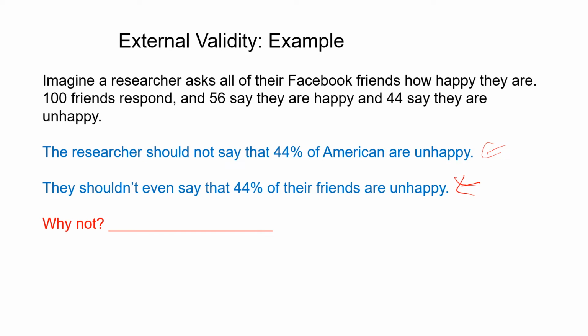Friends that are more unhappy are less likely to respond, and it could be like 900 of his friends are unhappy, but only 44 of them responded, but 56 of the 100 that are happy responded, because people that are happy are more likely to respond to things like this. This is a known thing in psychology. You're more likely to answer surveys if you're in a positive mood, stuff like that. So external validity is something we need to really take into consideration, and there's a lot of things that can challenge this.